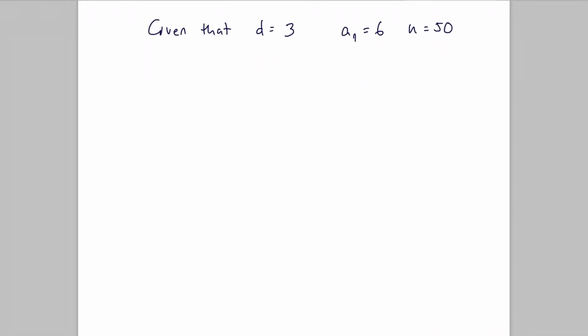Given that the common difference d equals 3, and the first term is 6 and n is 50, therefore plug in all the factors and then we will know the value of a50. So let's do this. a50 equals 6 plus 3 times (50 minus 1), so it will be 49, and you will get 153.